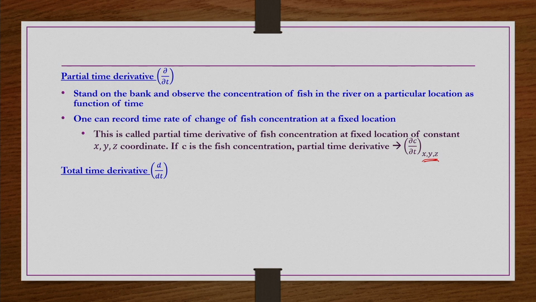Okay. Next is the total time derivative. Now, you understand obviously that the fish concentration in the entire river is not going to be given by dou C by dou t at constant x, y, z. It will not give the true picture, it will give a reliable picture at a fixed location only, but if you change the location, the fish concentration may be very different, right. If you go to some other location, the fish concentration may be even further different compared to the first or second location.